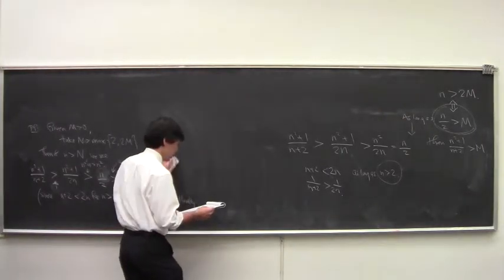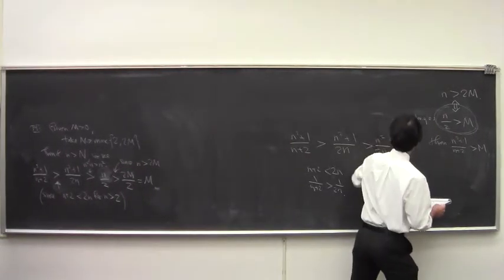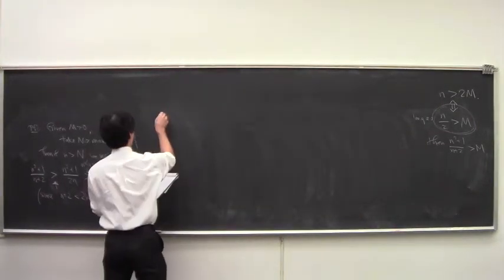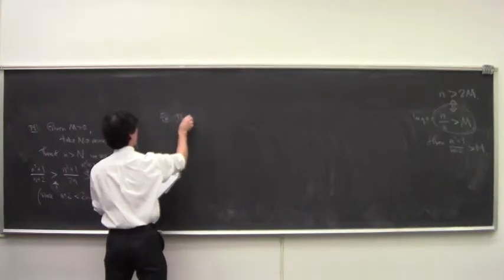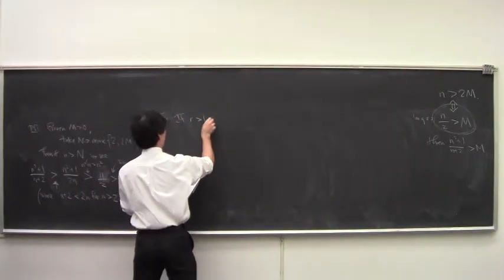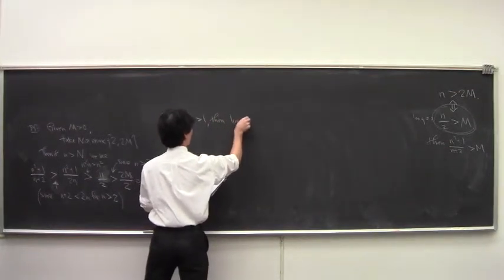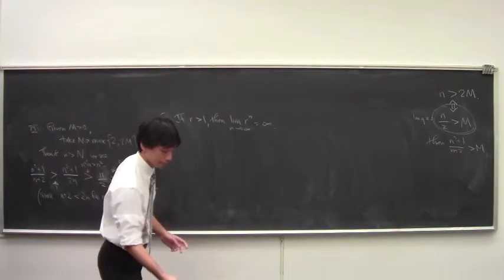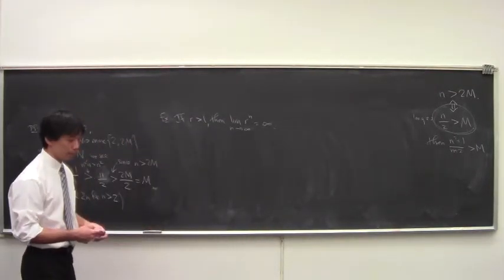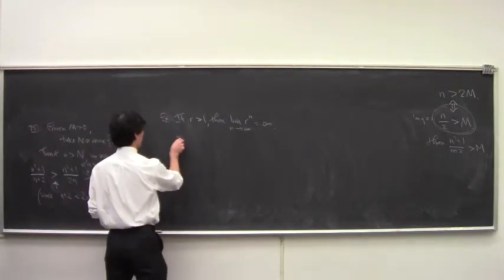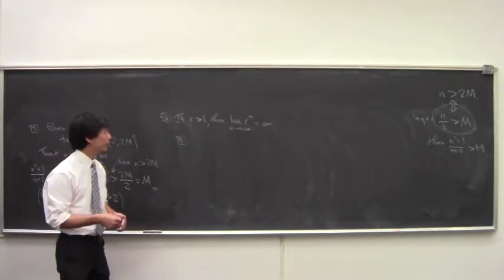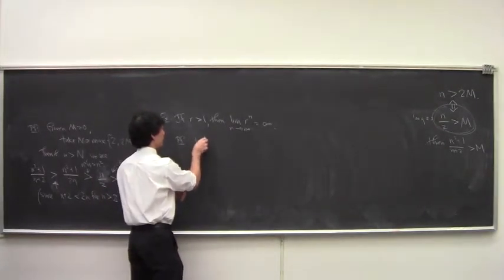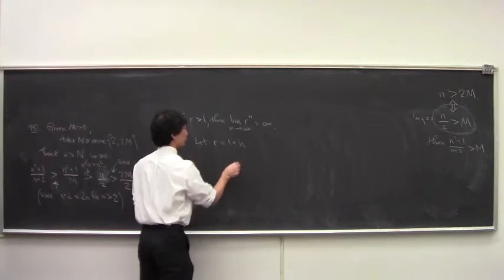Okay. Last example. If r is bigger than 1, then the limit of r to the n as n goes to infinity is infinite. Okay. And the proof of this one is kind of cool. You say, well, let r be 1 plus h.